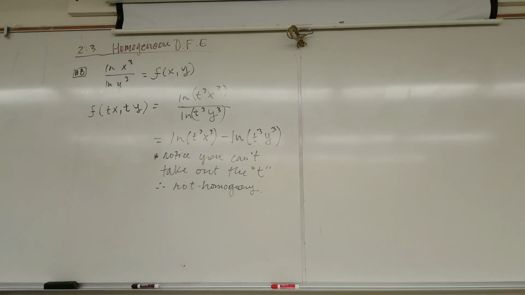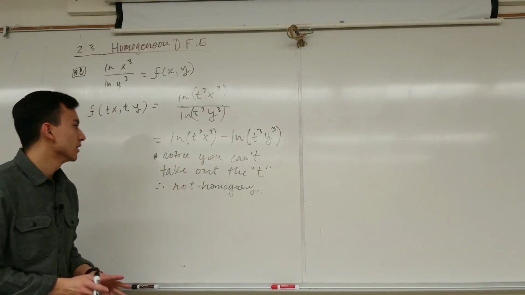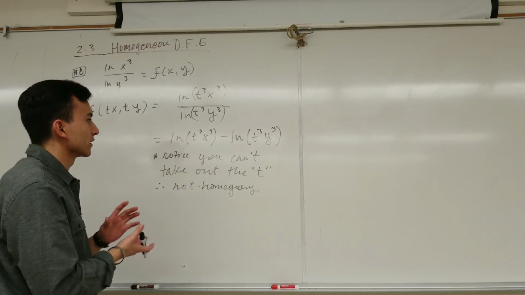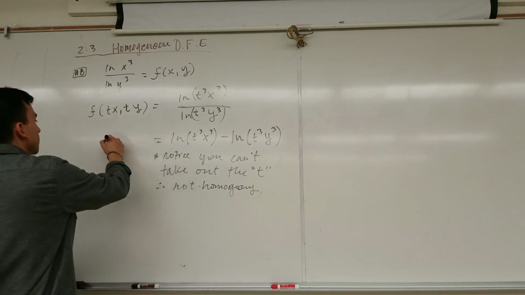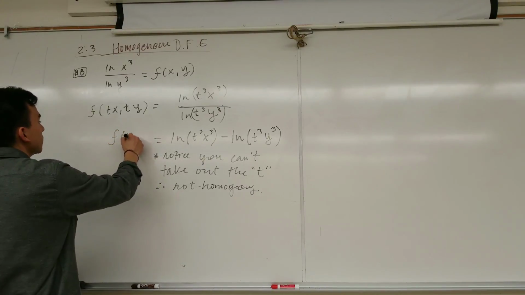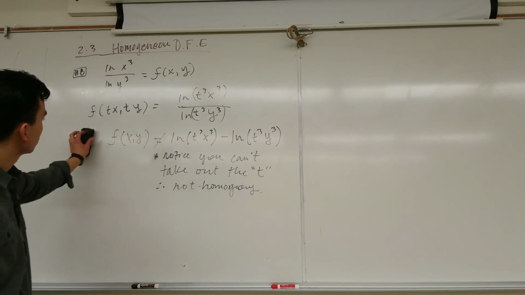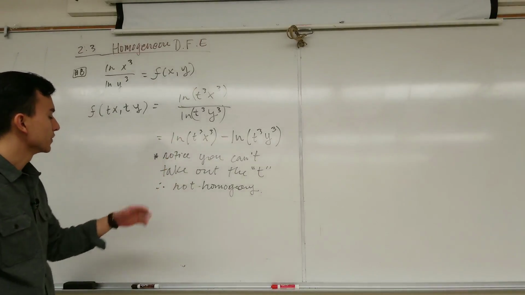And there you go. So you see, this t is stuck in the argument and can't really go anywhere, can't factor it out, can't do anything. So we don't get our original f of x, y. It'd be an incorrect statement. So therefore, it's not homogeneous. Great.